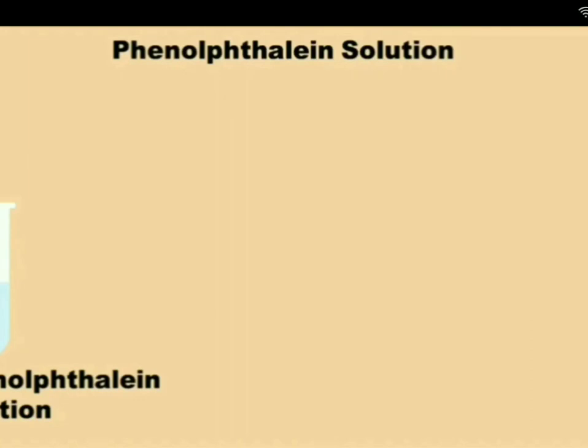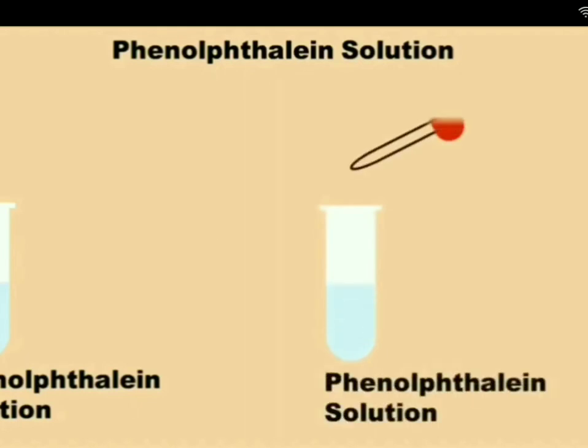So if you put acid, it also doesn't have any color. It remains as it is. But if you put a base to the phenolphthalein, the solution turns pink. Okay. See, now we come to know whether a given solution is a base or acid.